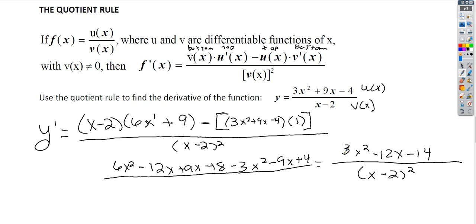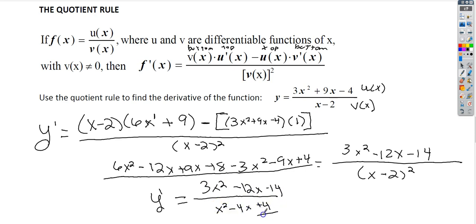And you could multiply that out or leave it. So if we multiplied it out, it would be 3x squared minus 12x minus 14 over x squared minus 4x plus 4. So this would be the derivative.